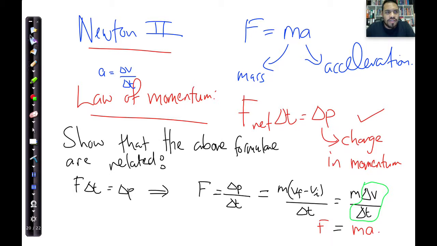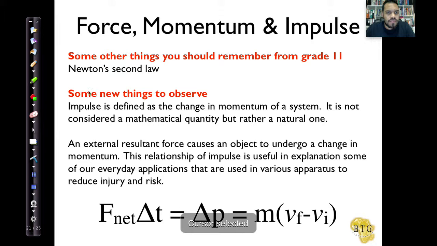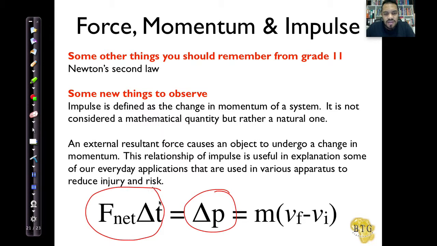Okay, so the next part I want to quickly look at and mention to you is that impulse is defined as the change in momentum of a system. So you can see that this is impulse. The change in momentum is actually F net delta t. It is not delta p over delta t, but rather it is F multiplied by delta t, or it is the change in momentum.